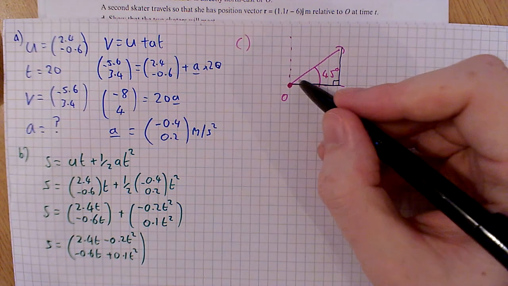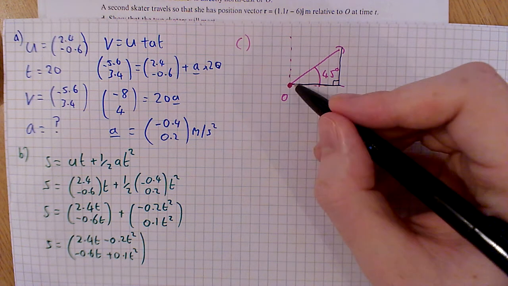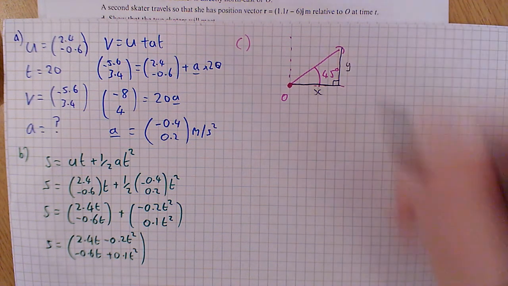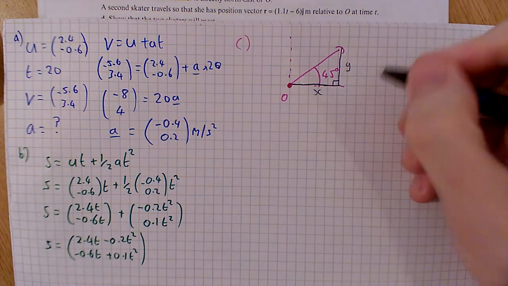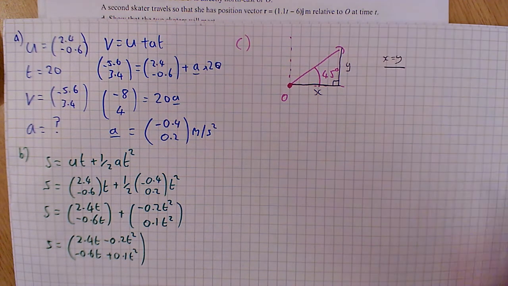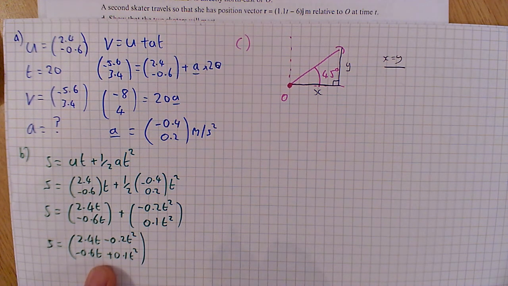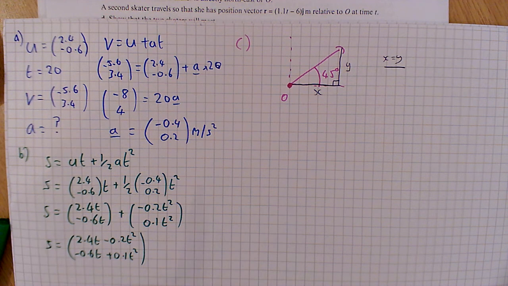So for it to be going between north and east directly, this value here, the i, or the x direction, and the y direction would have to be equal to one another. So the x would have to equal the y. So we're going to see if we can set up something. We've already said from the previous question that that is the location of the skater, and that's the i component and the j component.